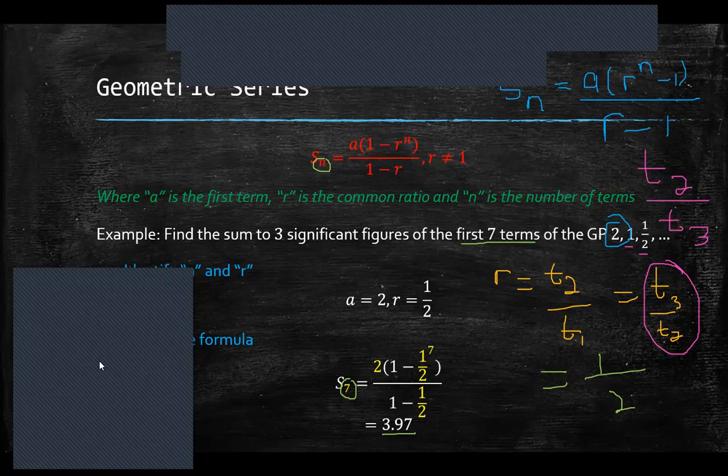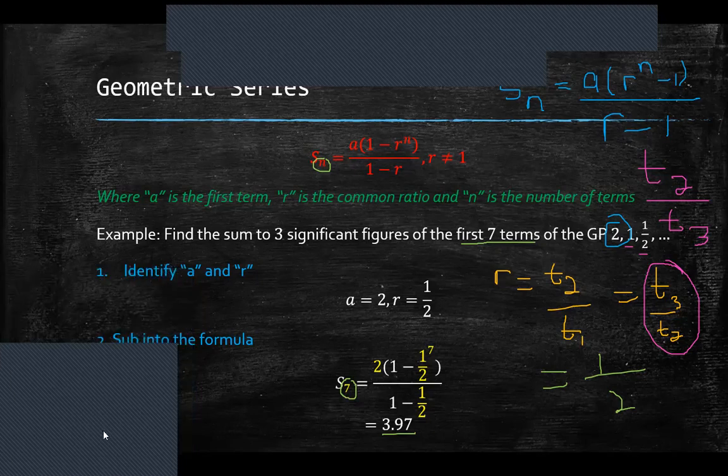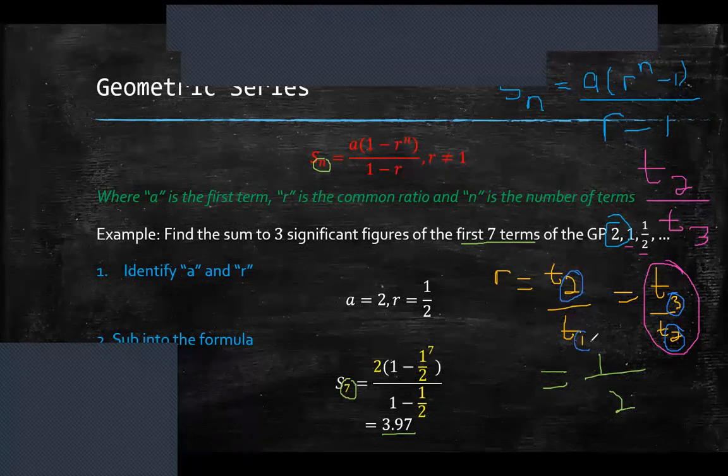So it's always the bigger term on top. T3 on T2. This 3 always needs to be bigger than this number here. Just like over here, 2 is bigger than 1. So you cannot come and say the second term divided by the third term.